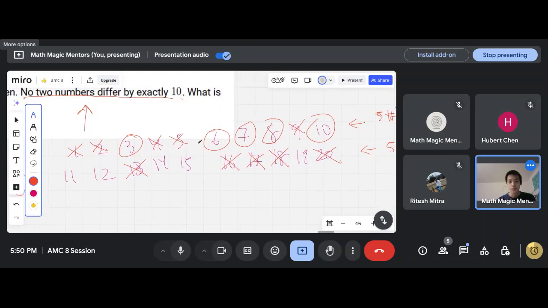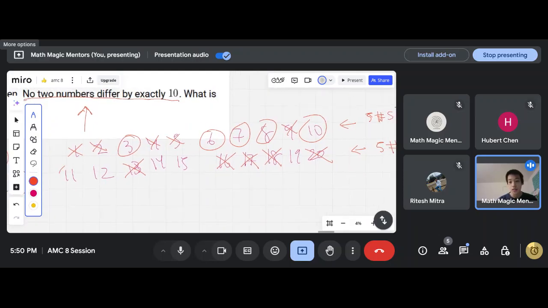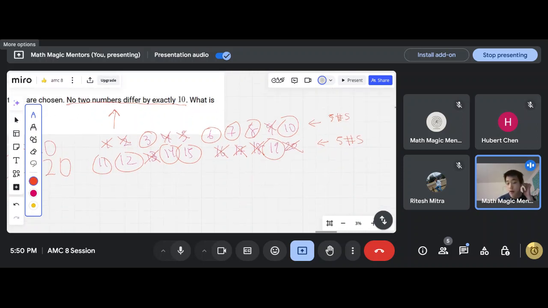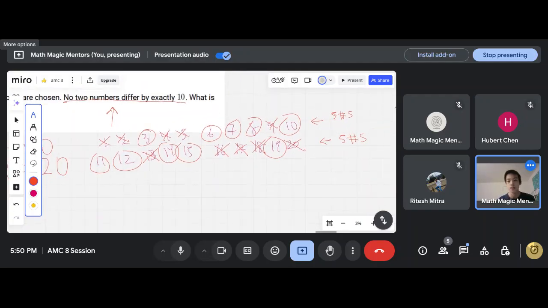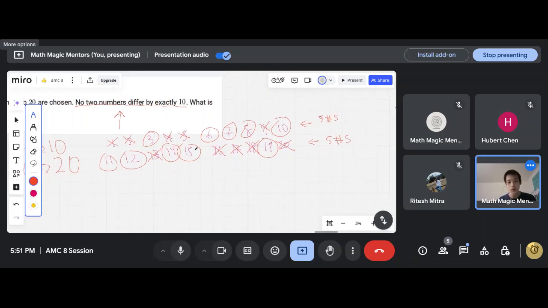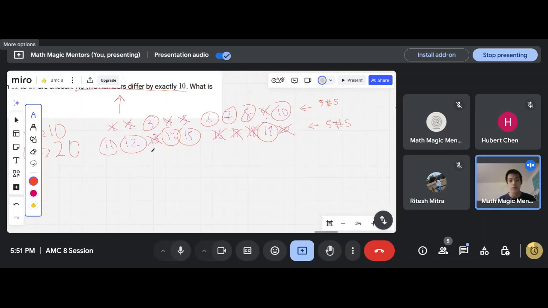Our remaining numbers will need to be picked because there are exactly 5 remaining numbers in the other range, so you just pick those 5 numbers, and that's it. You can prove that you will only need to pick those five numbers. And so we can just find the sum of this.